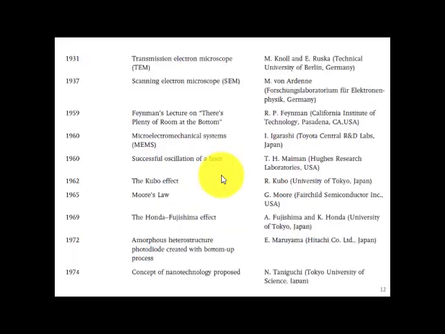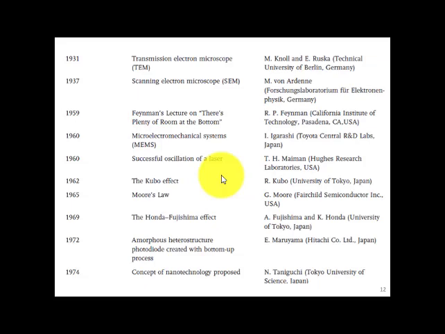Then in 1931, the transmission electron microscope was discovered, and in 1937, the scanning electron microscope was discovered. 1959, Feynman, a Nobel Prize laureate, and I have discussed it in this lecture. He gave the concept of plenty of room at the bottom, which means that materials can be made smaller and smaller in size, and we can reach the atomic level.